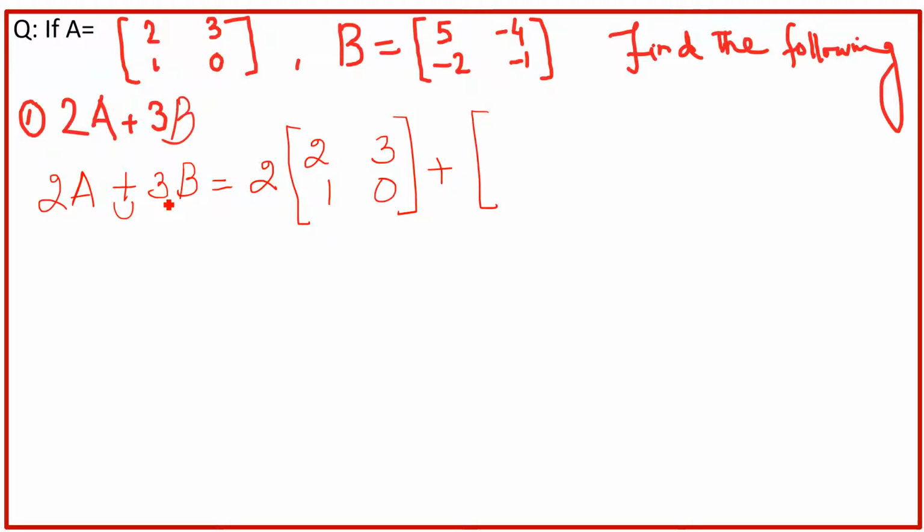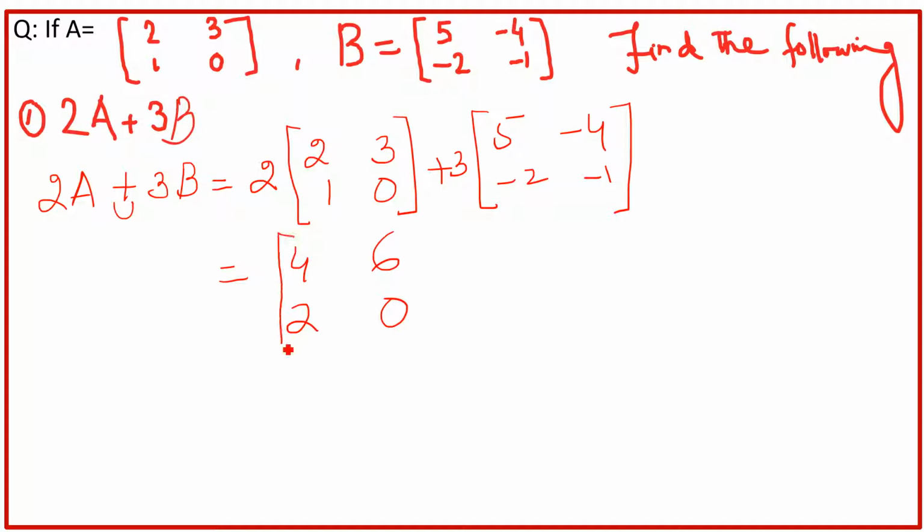What is next? 3, then B, so write down B. Now we have to multiply this matrix with 2 and this matrix with 3. So 2 times 4, 2 times 3, 2 times 1, 2 times 0. And then plus, with 3: 15, minus 12, negative 6 and negative 3.